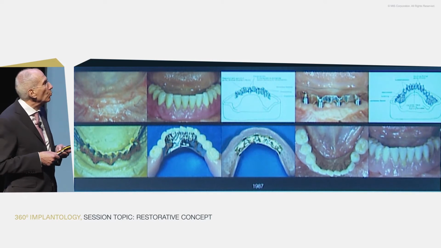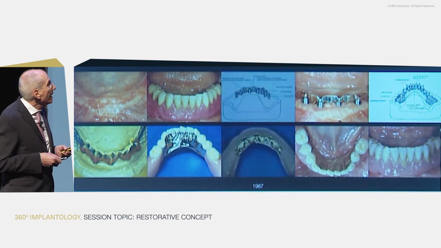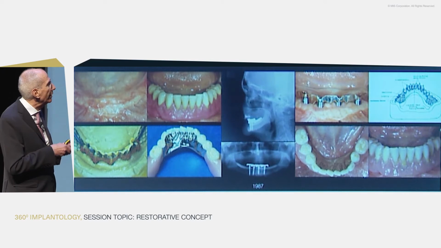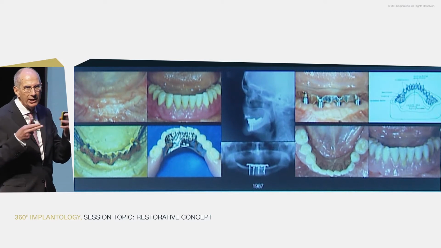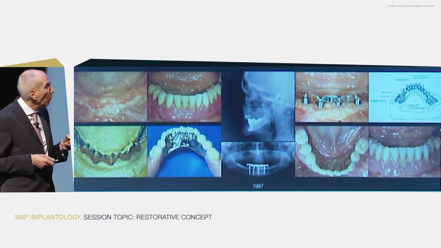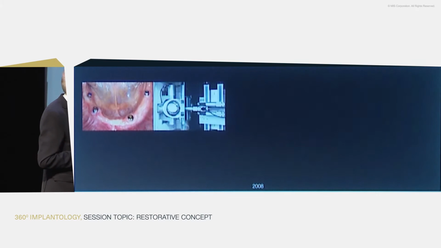Gold was the number one material used, gold for the bar, gold for the overdenture too. At that time, there were different rules. Very long implants were placed, bicortical stabilization, interforaminal placement, all these aspects that have changed. There is no time to go into that.